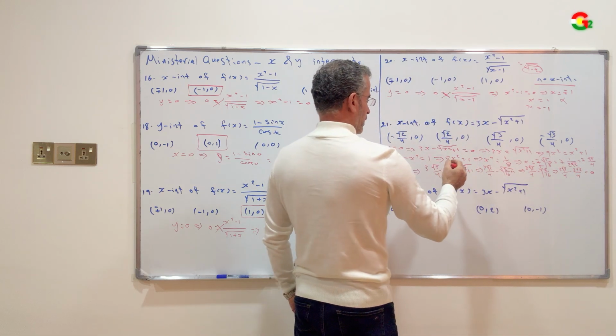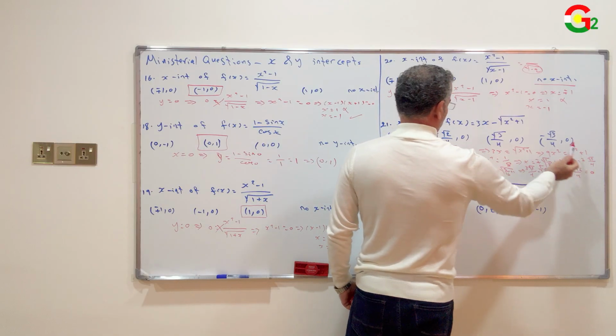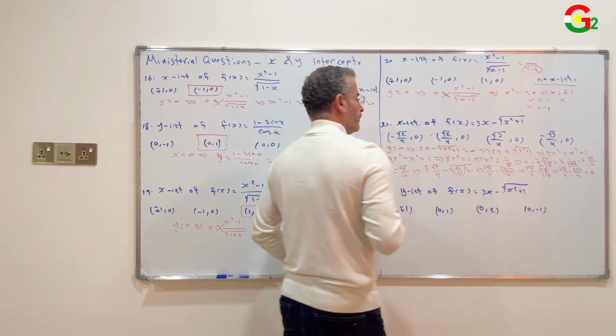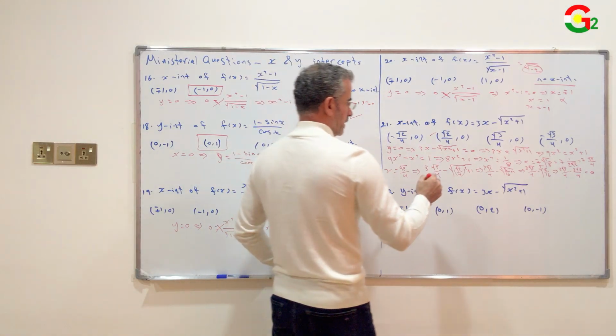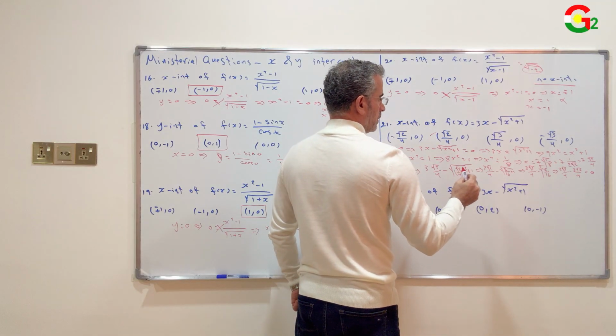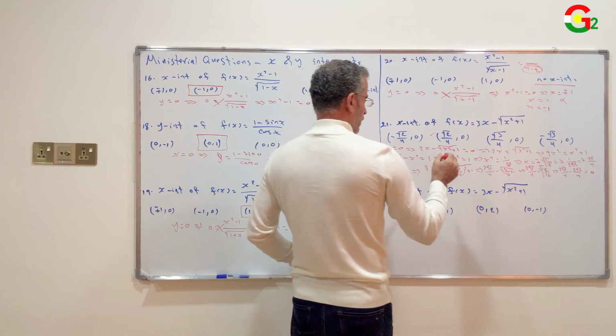Then x equals sqrt(2)/4 is an x-intercept for this point. Let us check negative sqrt(2)/4.